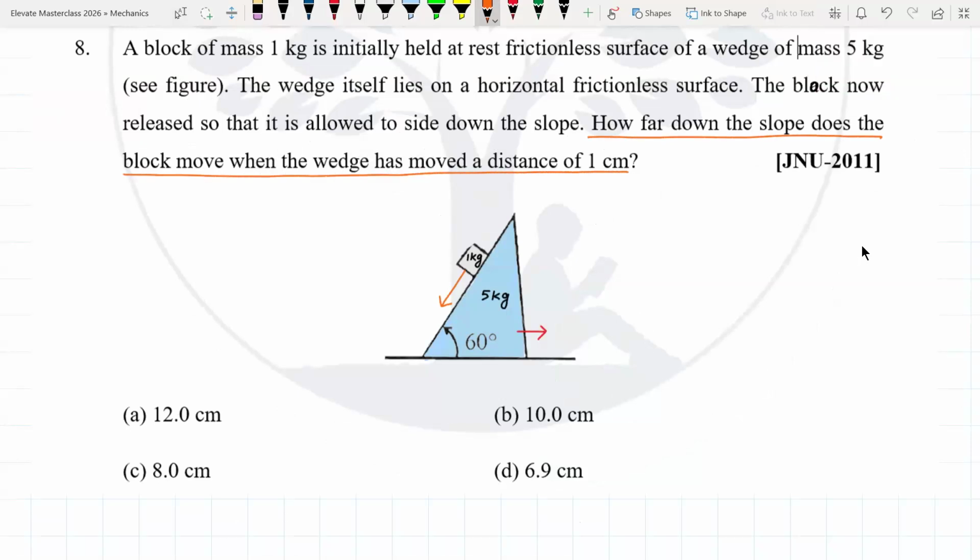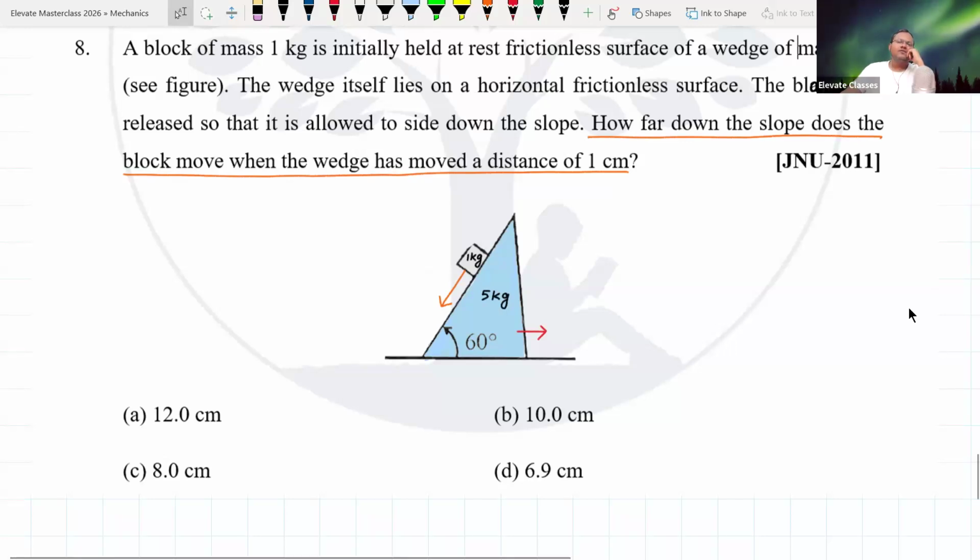Sir, just one question. Yeah. Instead of using the center of mass concept, if I use the conservation of momentum over here, means if I use the conservation of momentum, then conservation of momentum will give you an idea about velocity, right? We're not interested in exactly velocity.